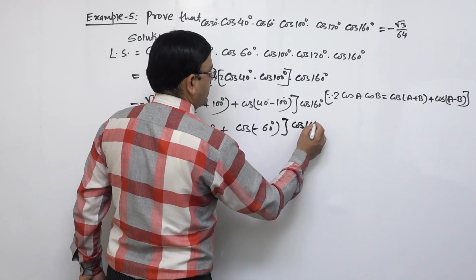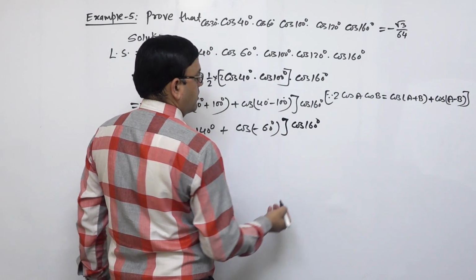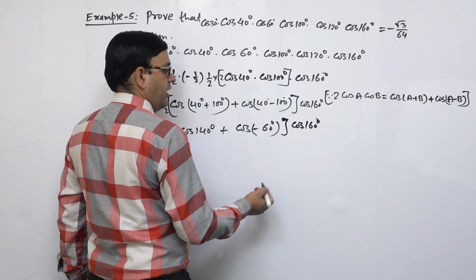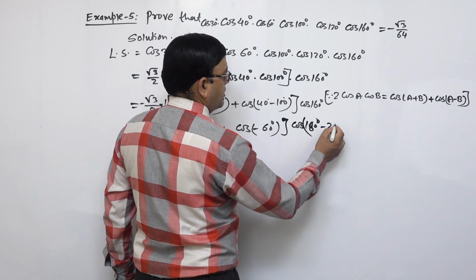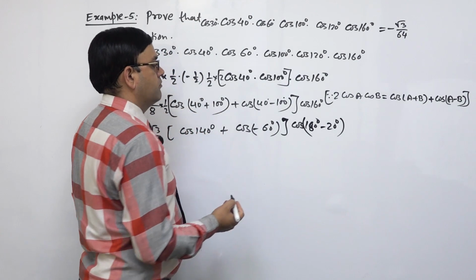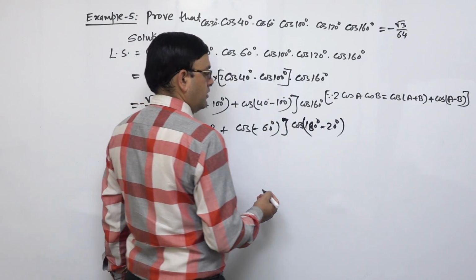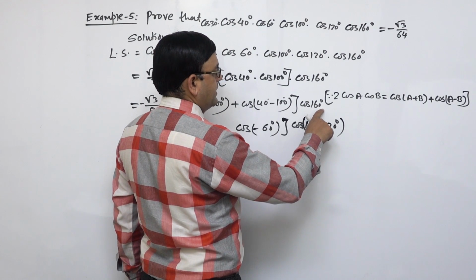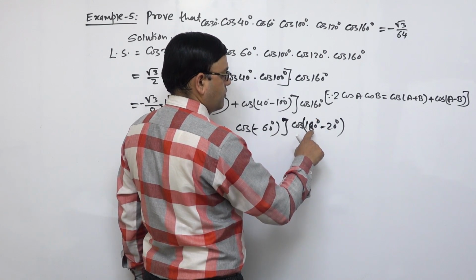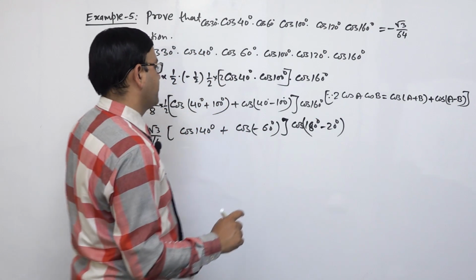Cos 160 degrees, we can also write in terms of cos 180 degrees minus 20 degrees. So cos 160 is cos of 180 minus 20, which is minus cos 20 degrees.